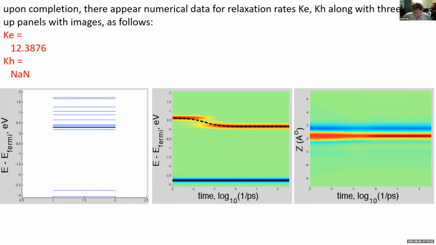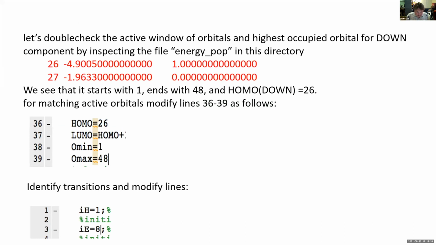And Yulun, may I ask you to go one slide back? Yes, and here is another note for Amir. So at the bottom, you see this IH equals 1, IE equals 8. Right?